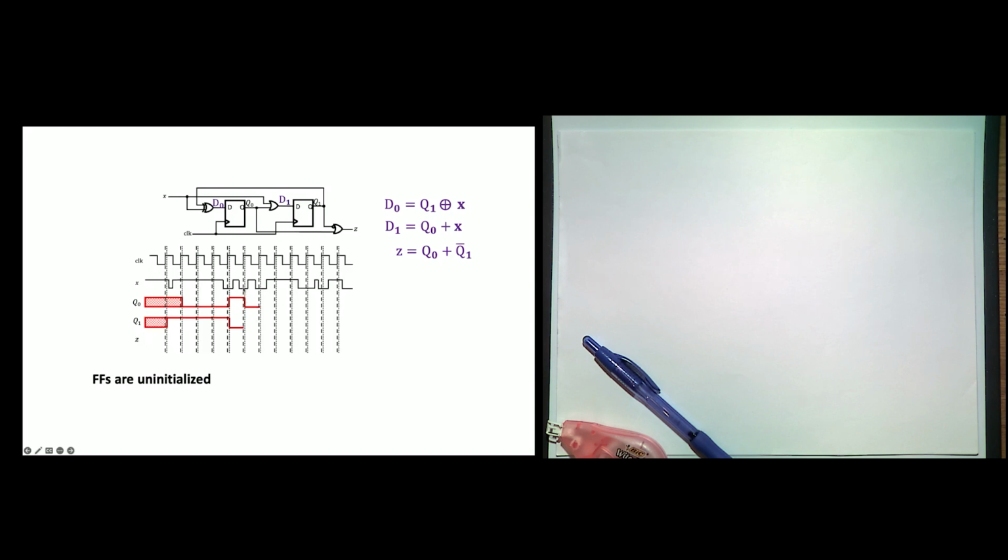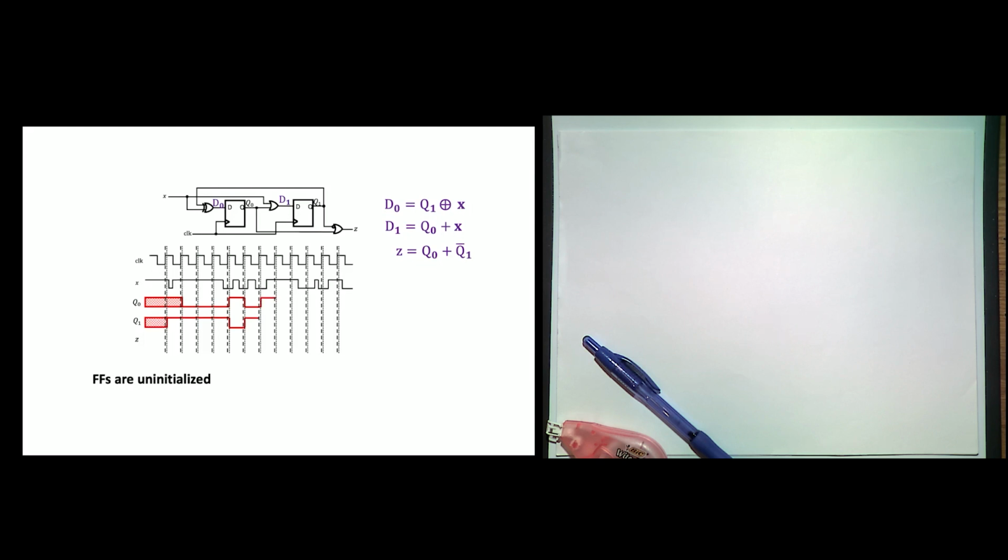Okay, so what happens with Q1? It goes high because Q0 was high. Okay. All right, now Q1 is high and X is low, so Q0 goes high.